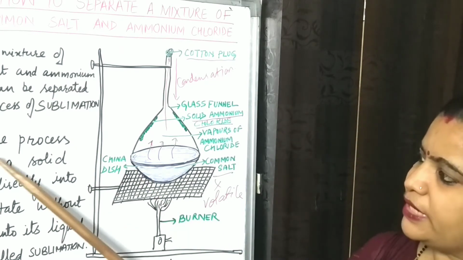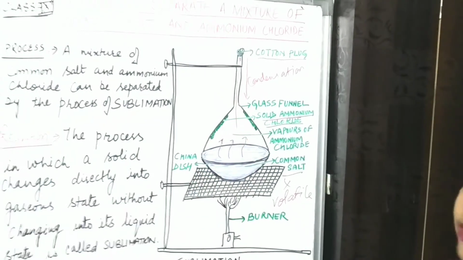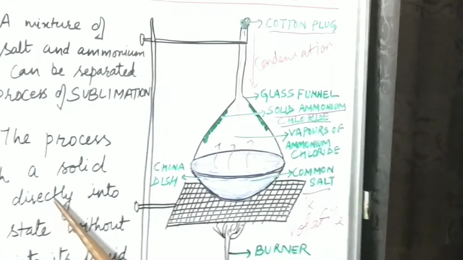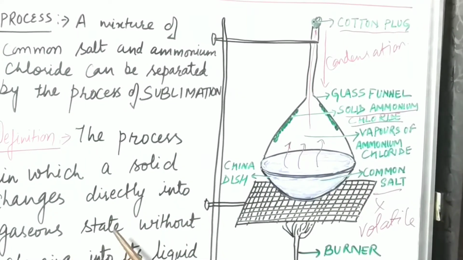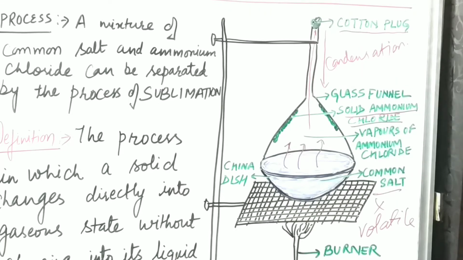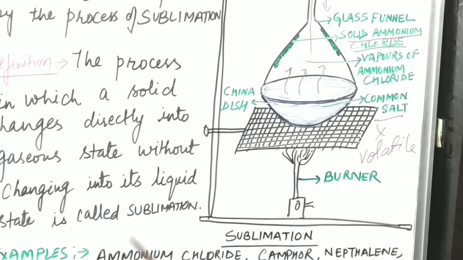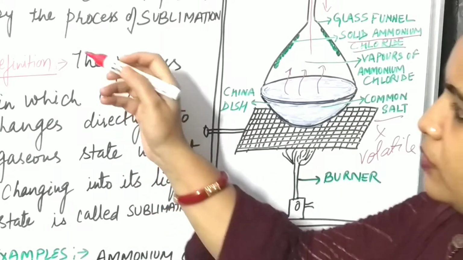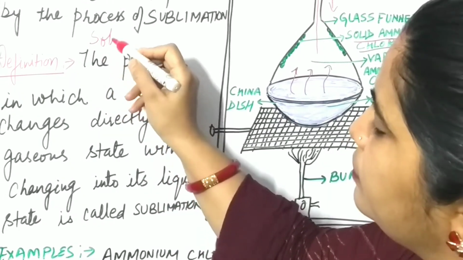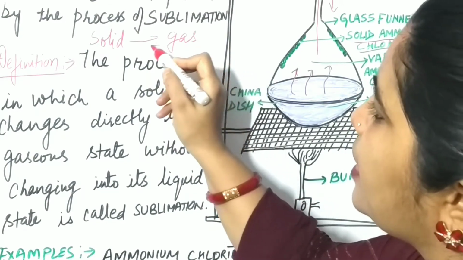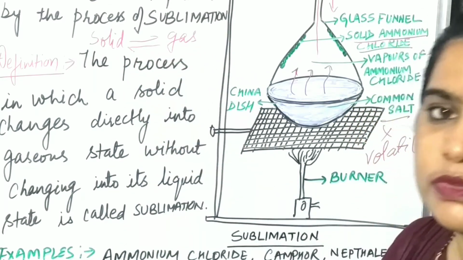Now moving on to the definition part. Everybody must know that the process in which a solid changes directly into gaseous state without changing into its liquid state is called sublimation. Sublimation means direct conversion of solid to gas, and again back from gas to solid.